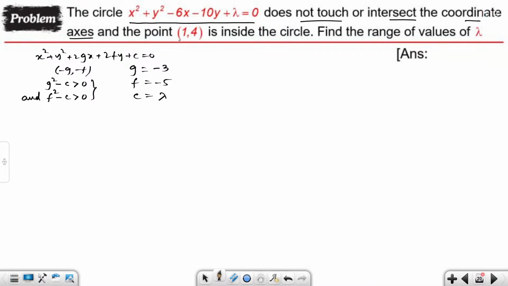And they have said that the point 1, 4 lies inside the circle. What do you mean by that? If I put this point, that is if we find out S1, what is our S1? 1, 16, minus 6, minus 40 plus lambda. This is your S1.